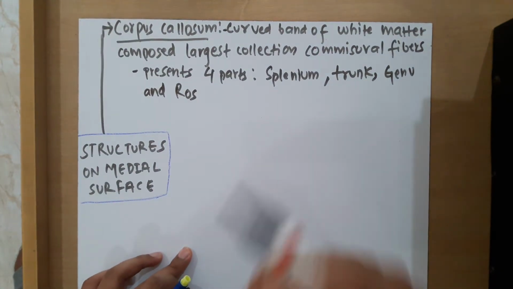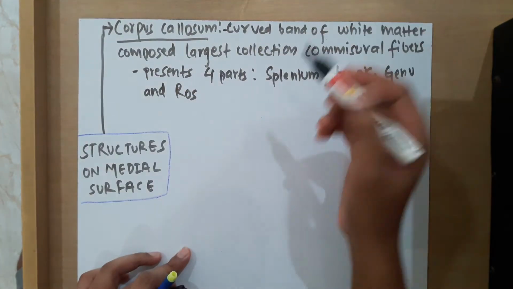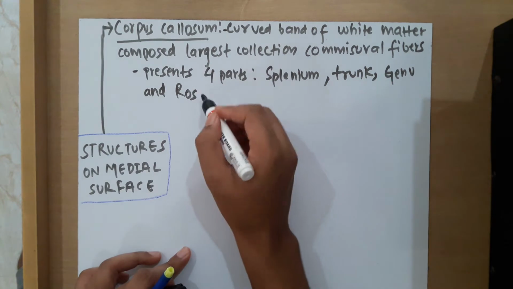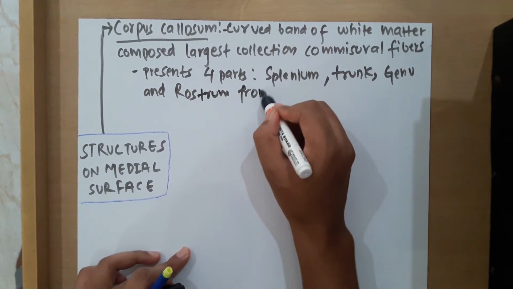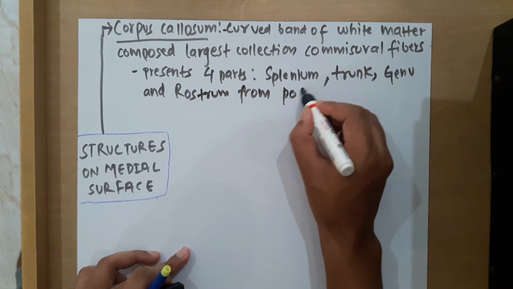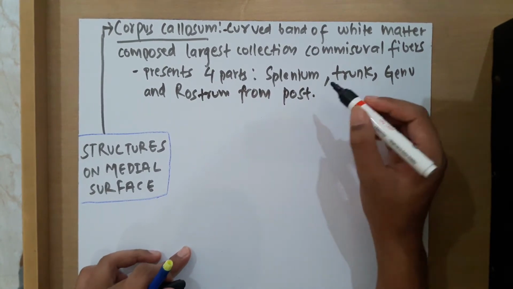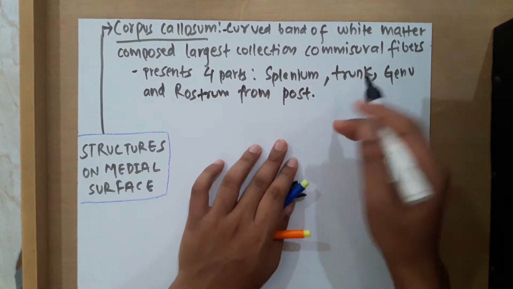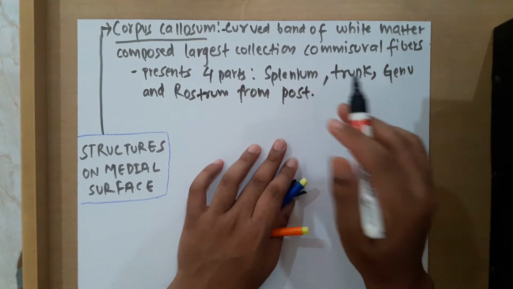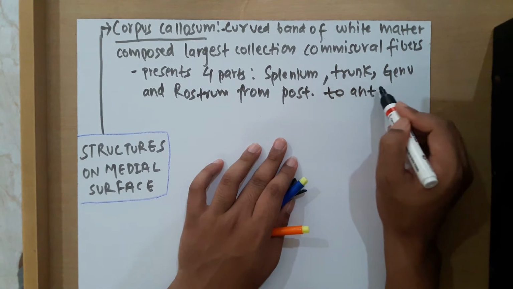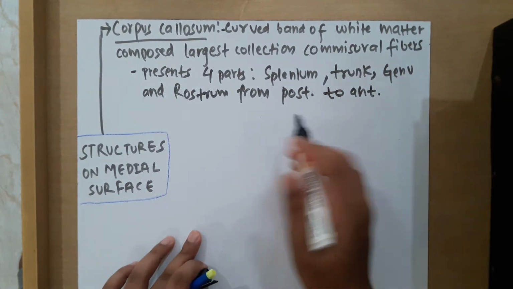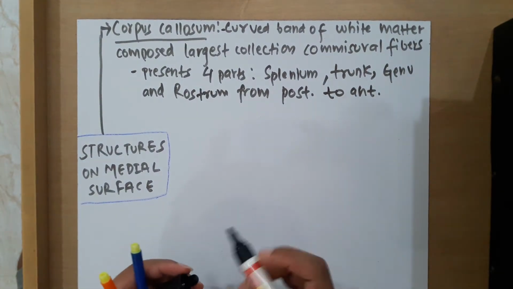The order is from posterior to anterior. The most posterior is splenium and the most anterior is rostrum. I'll write it as PUST. Old viewers can understand, PUST is posterior, but for new viewers, it means from posterior to anterior. So this is about the corpus callosum.